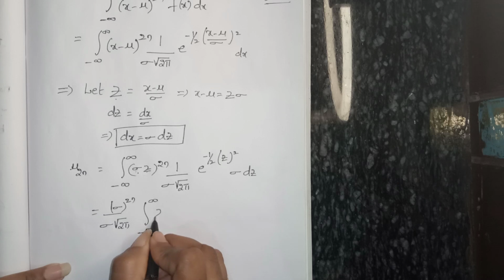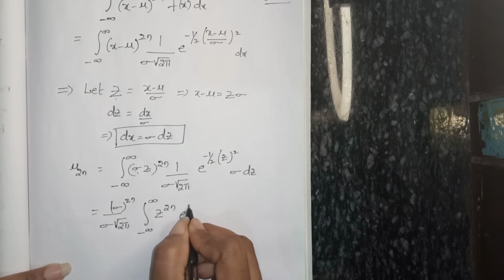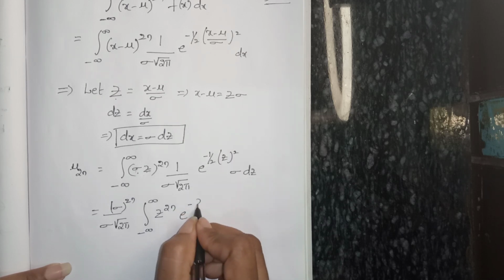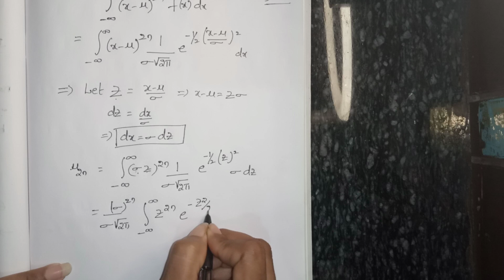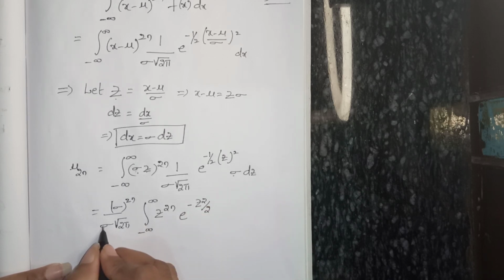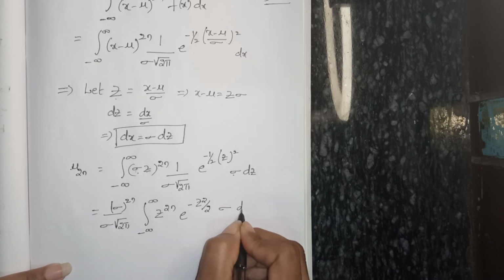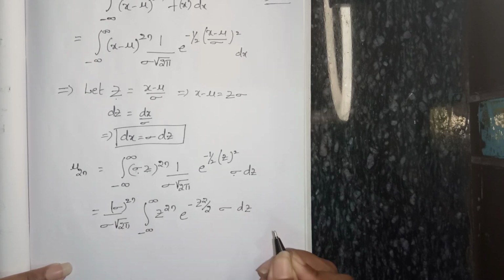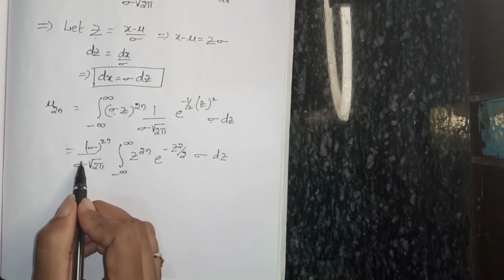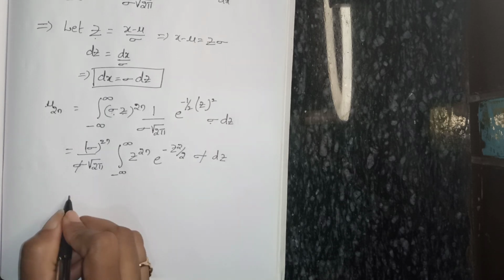The remaining term is z power 2n into e power minus z square by 2. And here we have sigma dz. Now we'll cancel both these terms, sigma and sigma.